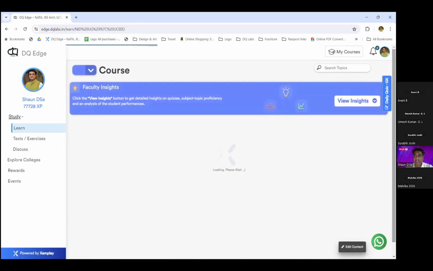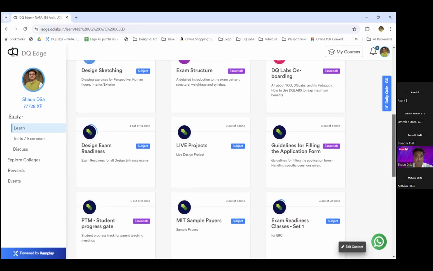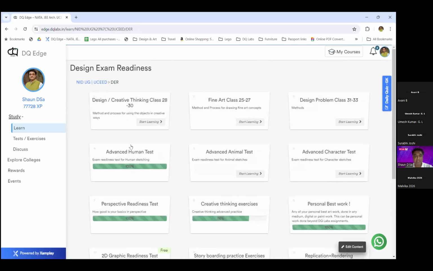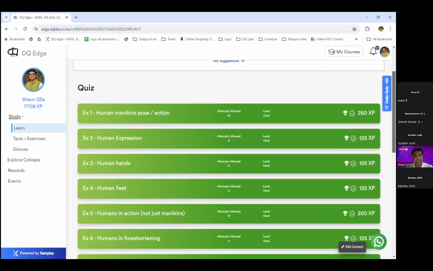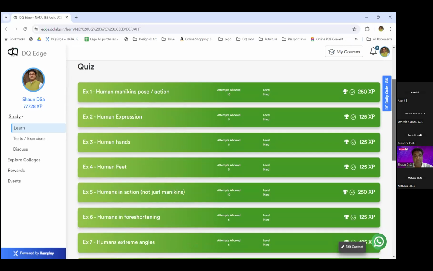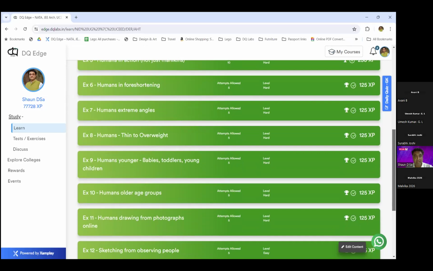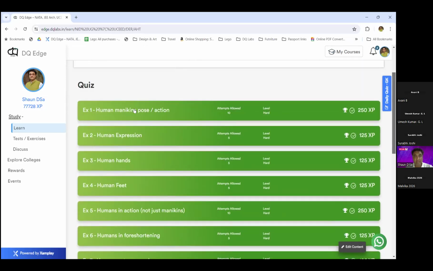So you need to go to design exam readiness, advanced human, advanced animal, advanced character. Here you have different kinds of exercises: human mannequin in pose, human expression, human hands, feet, humans in action, foreshortening, and a lot of different exercises.